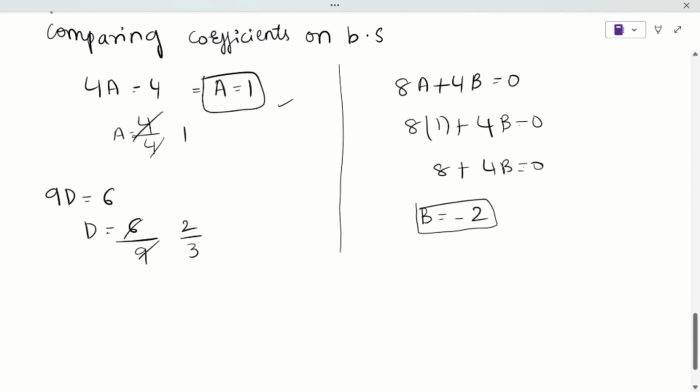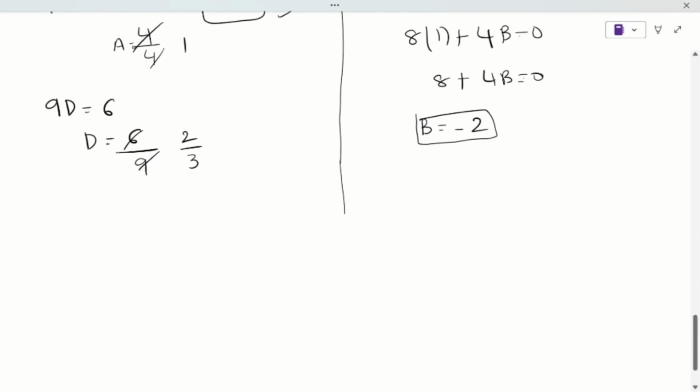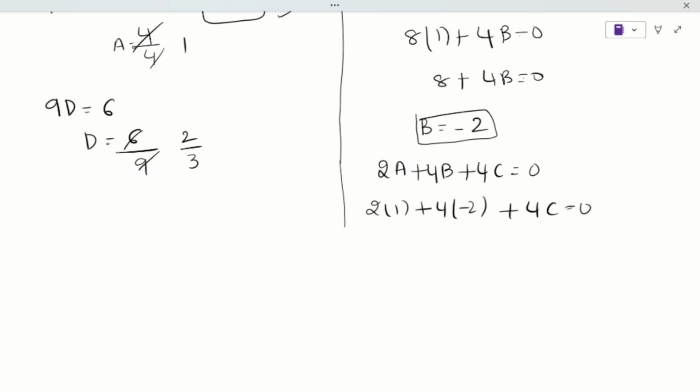Next, finding 2a plus 4b plus 4c equal to 0. 2 of 1 plus 4 of minus 2, we don't know c value. So to find c, we use this: c equal to 3 by 2. We got this now.